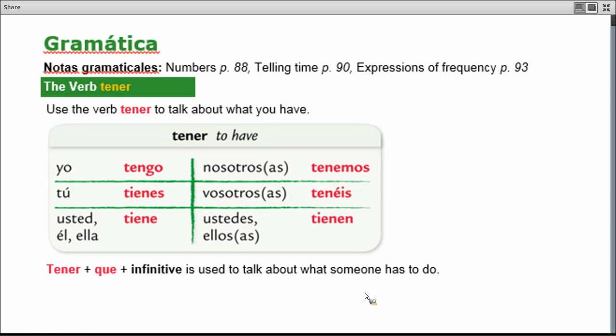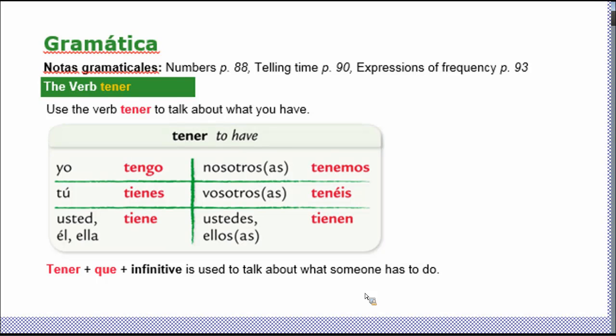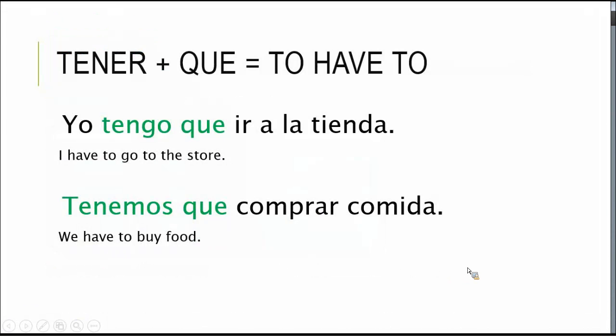Questions about tener? Any other questions or concerns about tener, conjugating, or subject pronouns? Okay, great. We'll go ahead and look at some of our examples here.